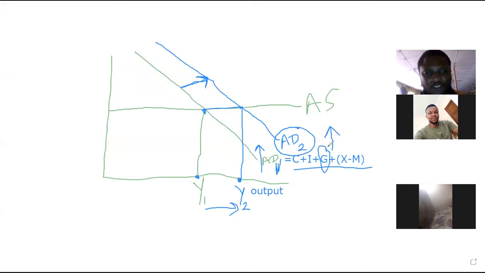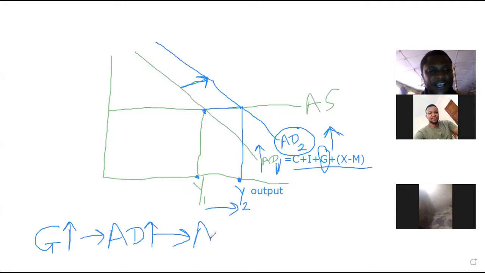Why? Because G was increased. So the role of government simply says that when you increase government expenditure, that will lead to your aggregate demand increasing.